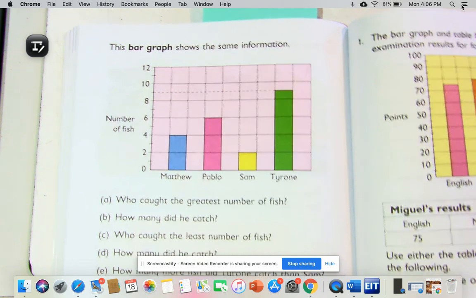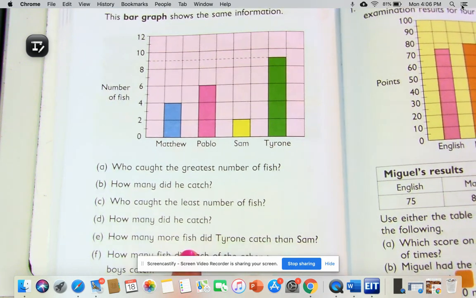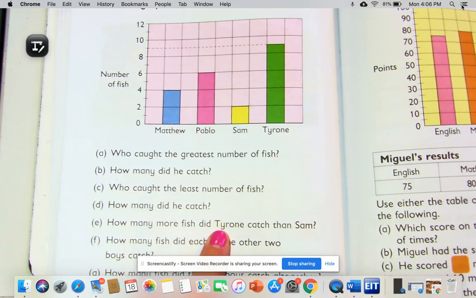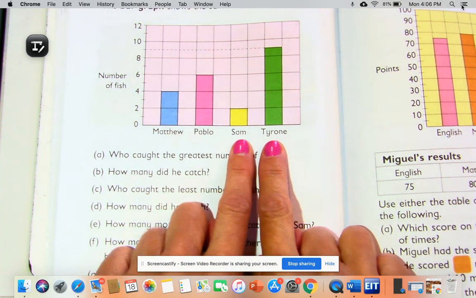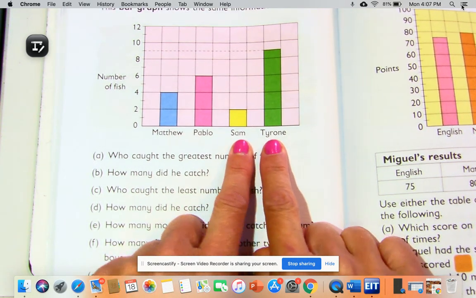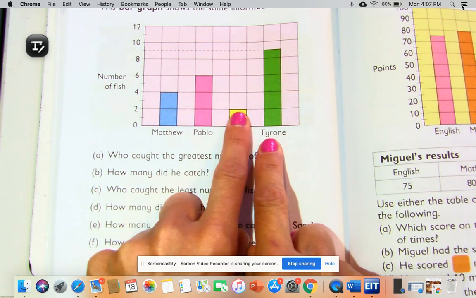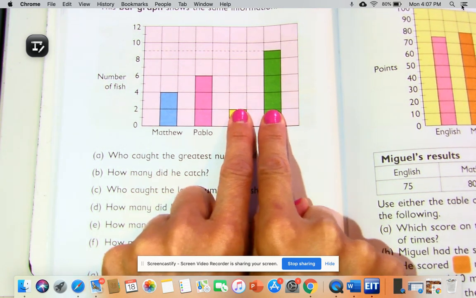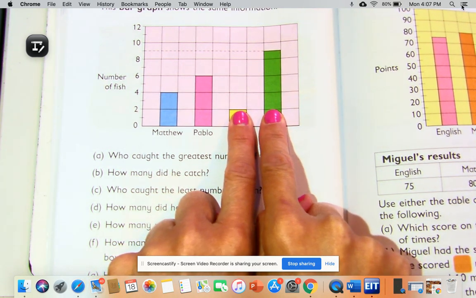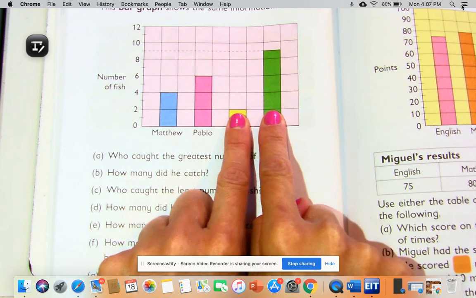Alrighty, how many more fish did Tyrone catch than Sam? So now we're going to compare Tyrone and Sam. When we're comparing, we can use our fingers to cover up. Here, they're the same. And then you can see that Tyrone's keeps going all the way up. Another thing we can do is subtract.